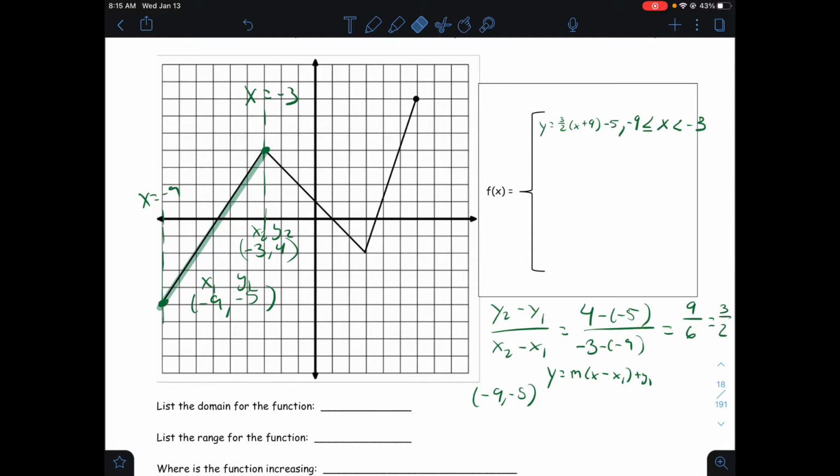I'm going to erase my stuff so you can follow along a bit easier. We've got our first equation, so now let's come up with our second equation. Let's use blue. We've got this guy here.